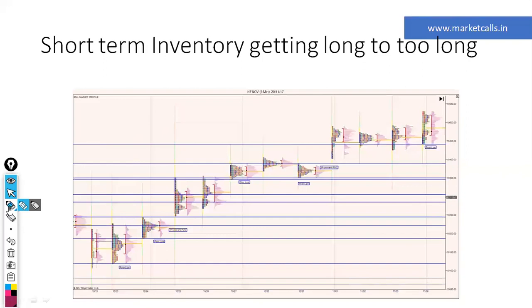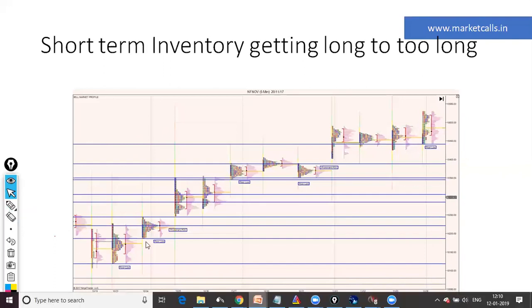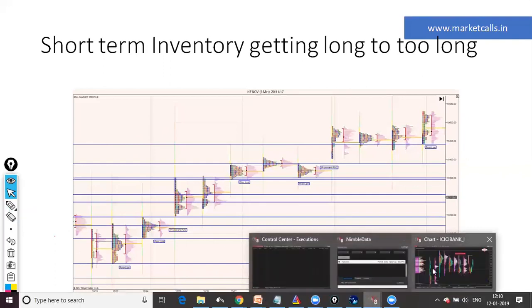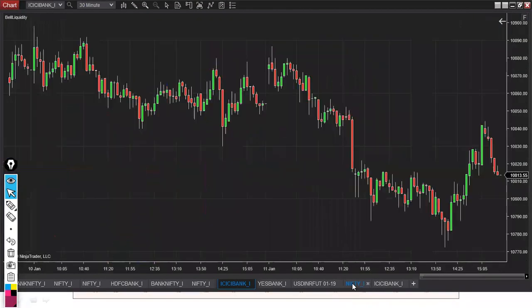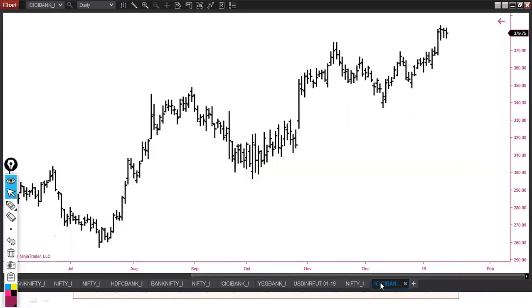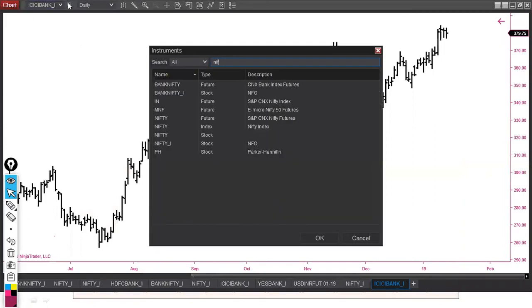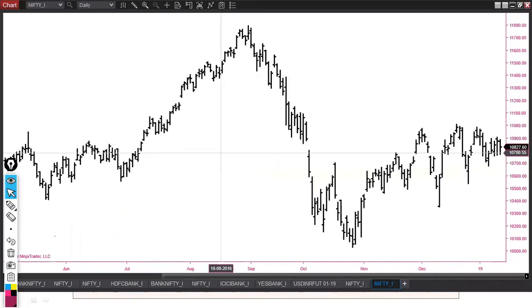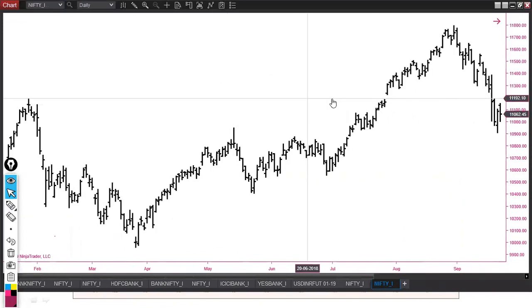If you go back and look into the charts of 6th of November, you'll have a fair idea how the markets reacted from there on. Let me go to the Nifty chart, Nifty daily. Okay, 6th of November.